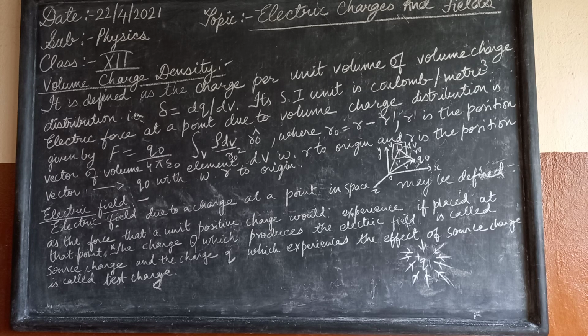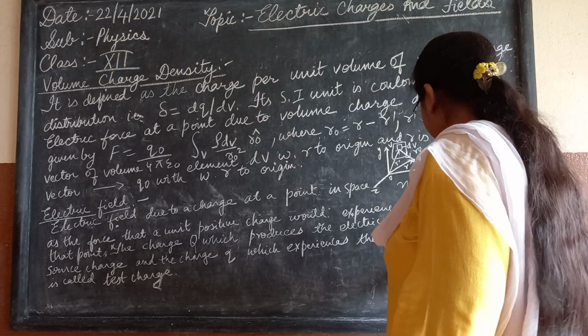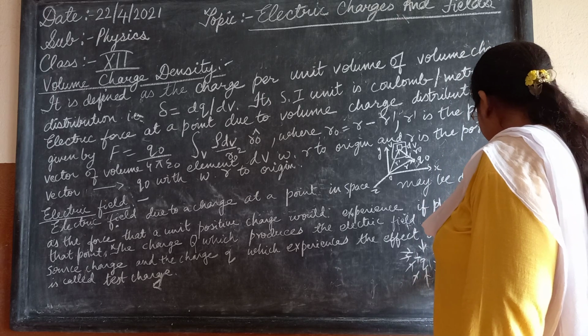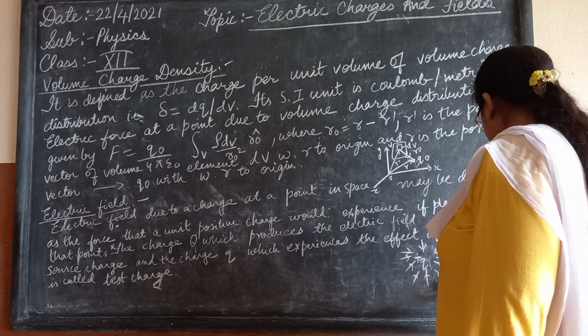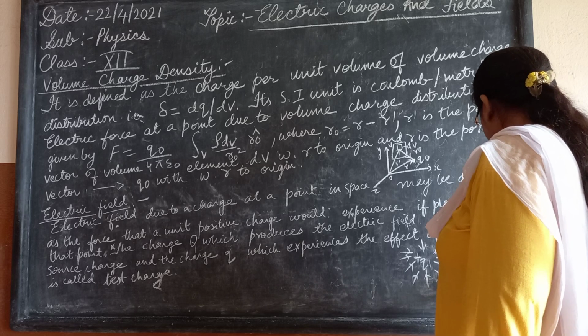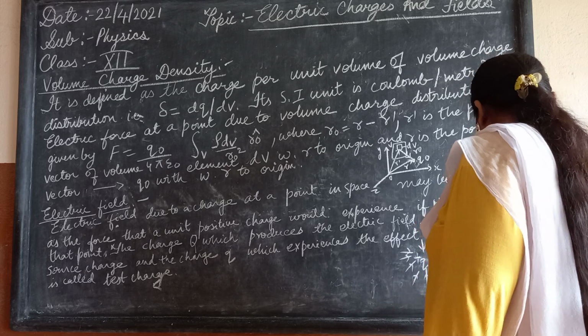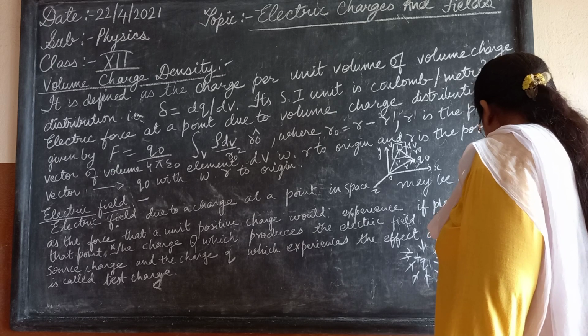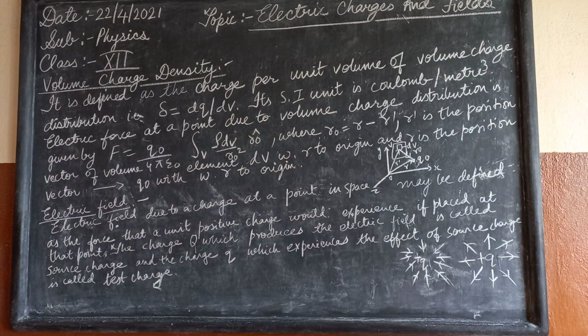Figure B represents the electric field due to the charge minus Q. Here we can see that for a negative charge the electric field is directly inward, towards the negative charge. Now see this one.